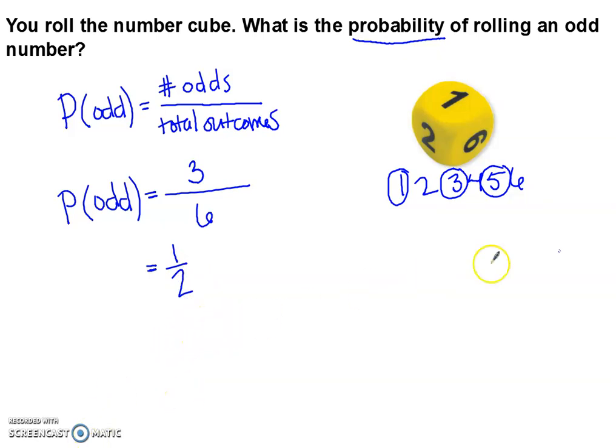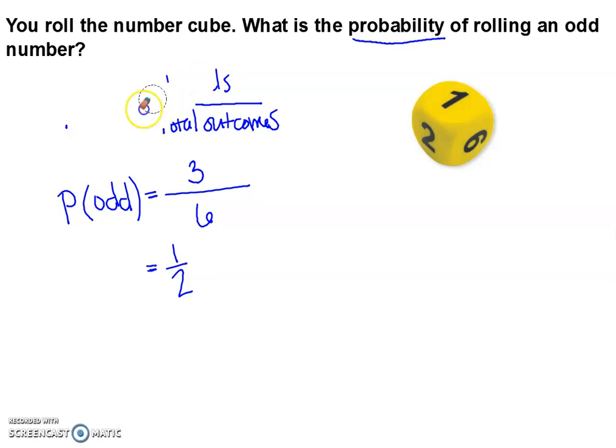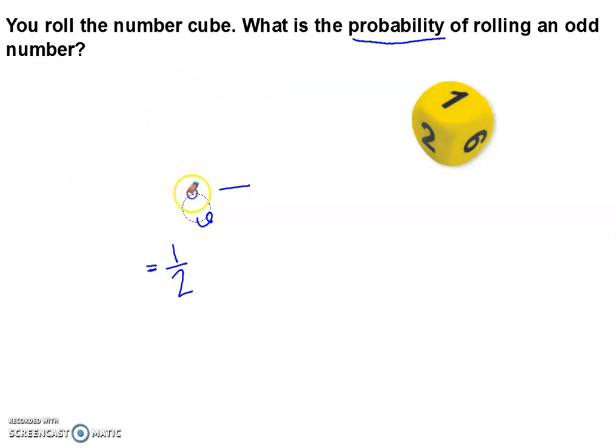Let's try a different one where we're still going to use the number cube. But this time, let's talk about the probability of getting a number greater than 2. So, new question. Probability of rolling a number greater than 2.